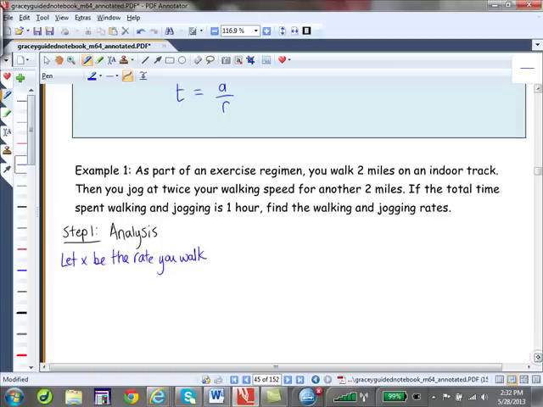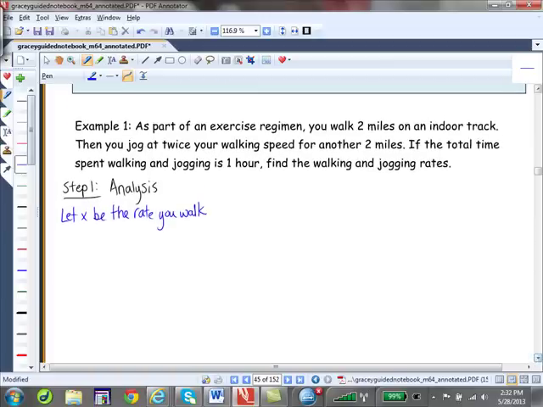So now the chart is a little different, okay? So we're going to have walking and jogging. Now, they give us information about the total time, right, that spent walking and jogging is 1 hour. So basically, what we're looking for is we need to get an expression for the time spent walking and the time spent jogging.